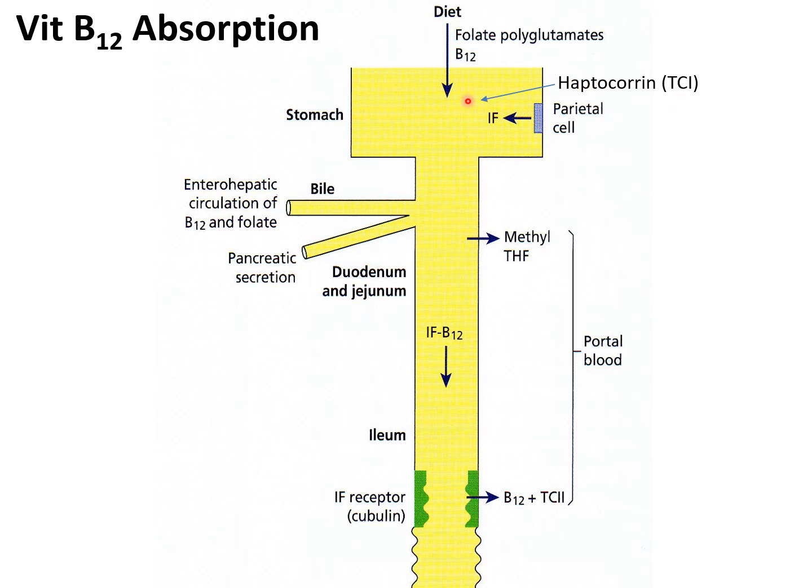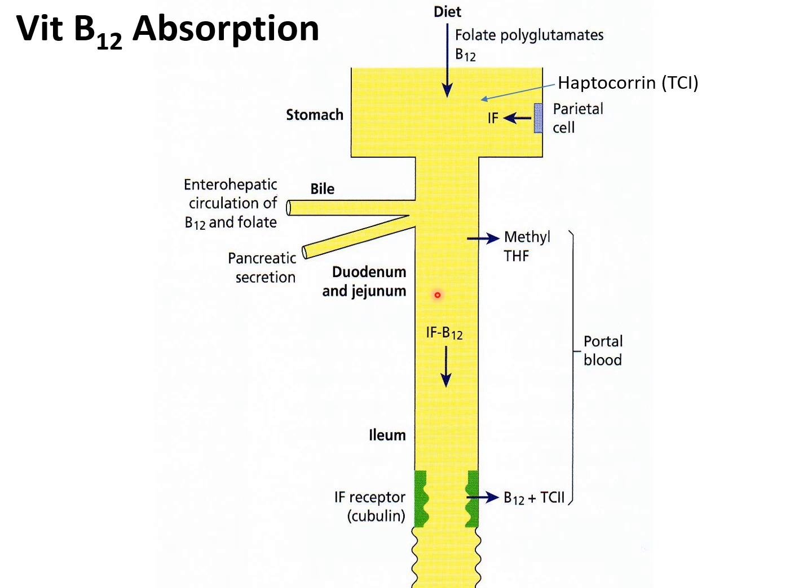So it binds to this protein and bypasses the stomach, reaching the intestine. In the intestines, it combines now with a factor called intrinsic factor, which is also secreted in the stomach from the parietal cells. The intrinsic factor travels to the intestine, meets the vitamin B12 there, and binds it.